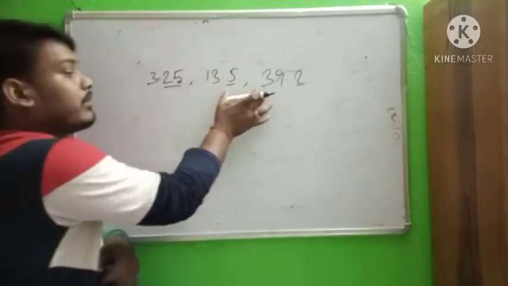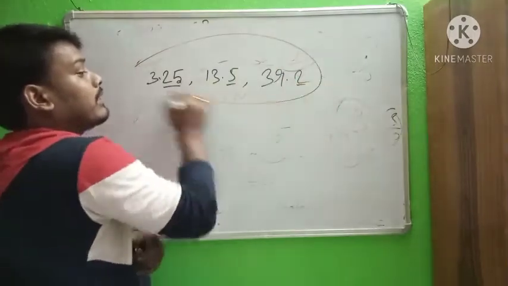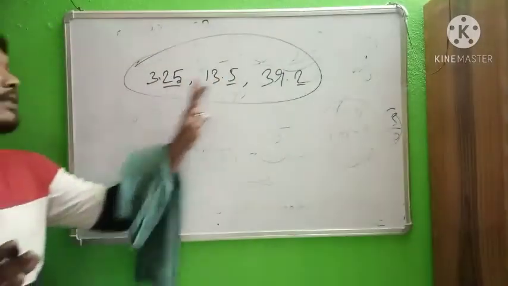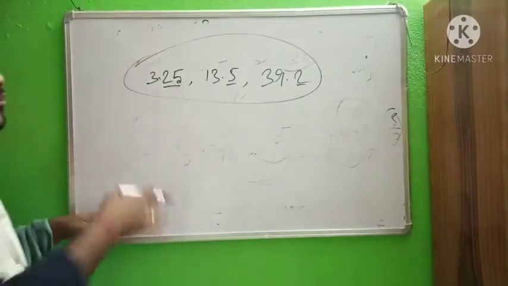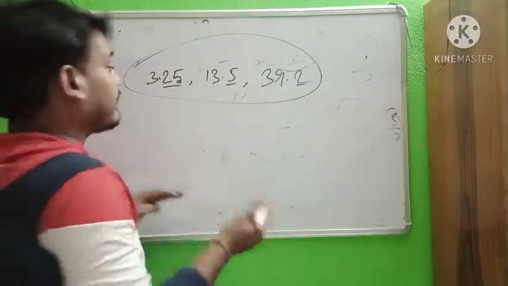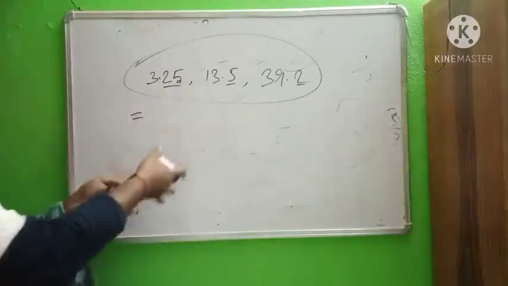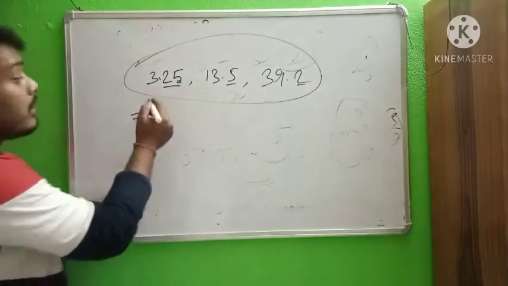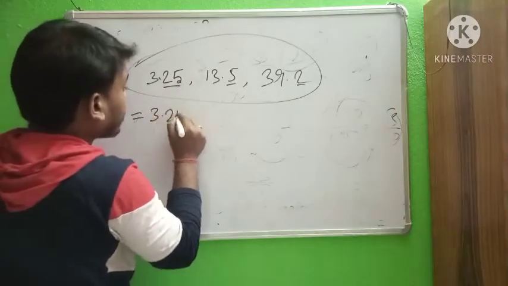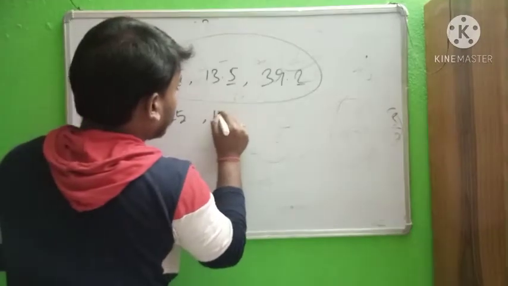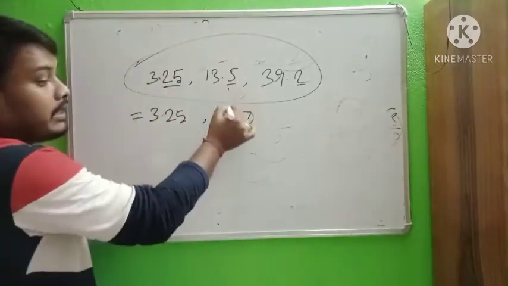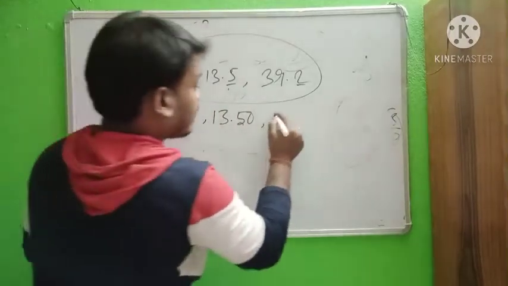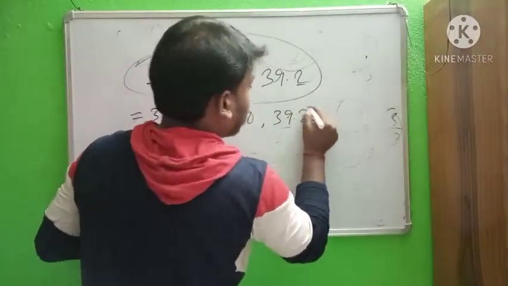These two are like, but in total the decimals are unlike. So how to convert into like decimals? I told you just before. If we add 0 after the decimal part, then the value will not change. These two values are the same, 39.2 and 39.20.